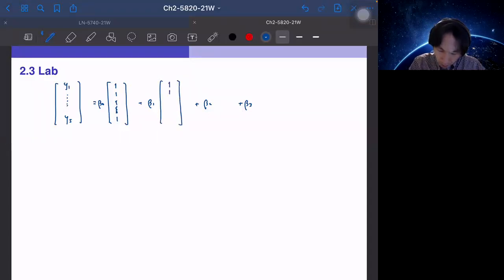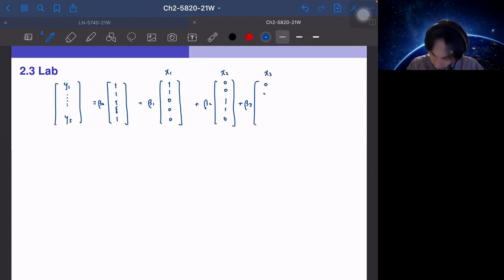So suppose this is x1, x2, x3, and 0, 0, 0, 0, 1, plus epsilon. Then you can see, for example, beta 1 is equal to 1, beta 2 is equal to 1, beta 3 is equal to 1, and beta naught is equal to 0. That model is the same as the one with 1, 0, 0, 0, right?